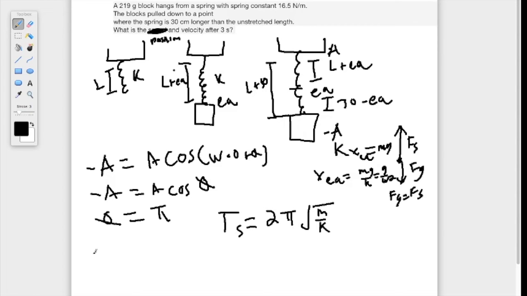So we get x of 3 equals the amplitude, which is 30 minus the equilibrium position, and then times cosine.